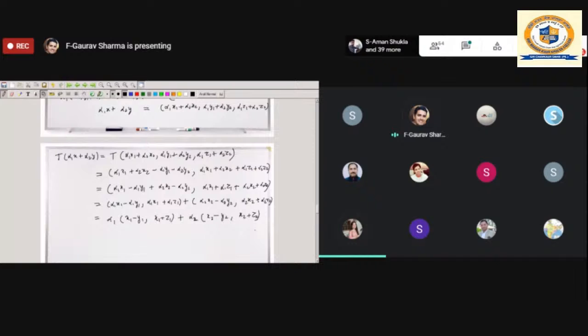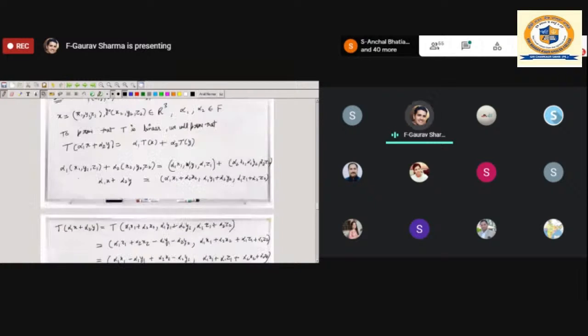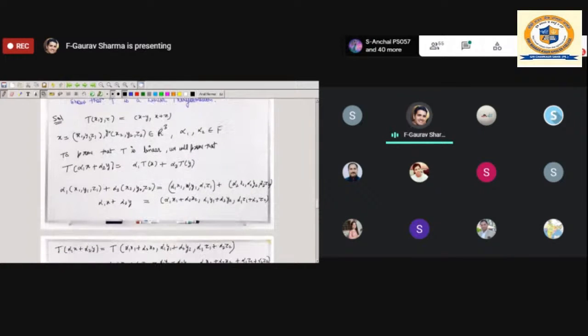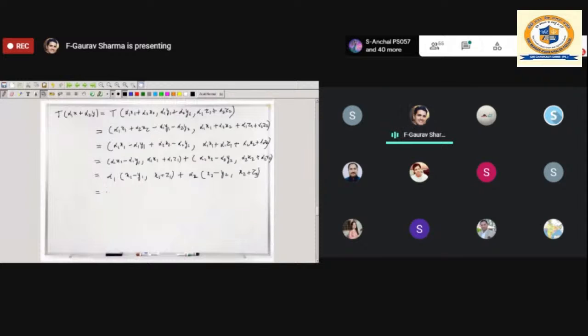Now, as we have defined T of x, y, z as x minus y comma x plus z, it is alpha 1 of T of x1, y1, z1 plus alpha 2 of T of x2, y2, z2, or you can write it as alpha 1 T of x plus alpha 2 T of y.